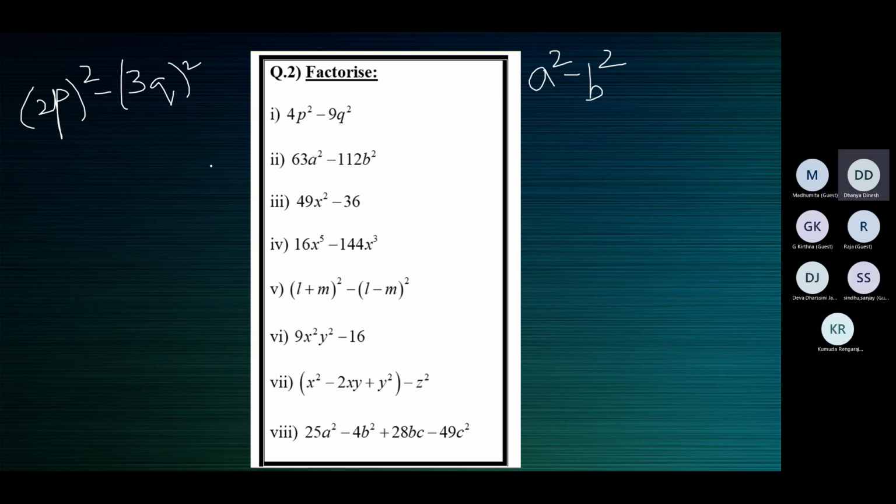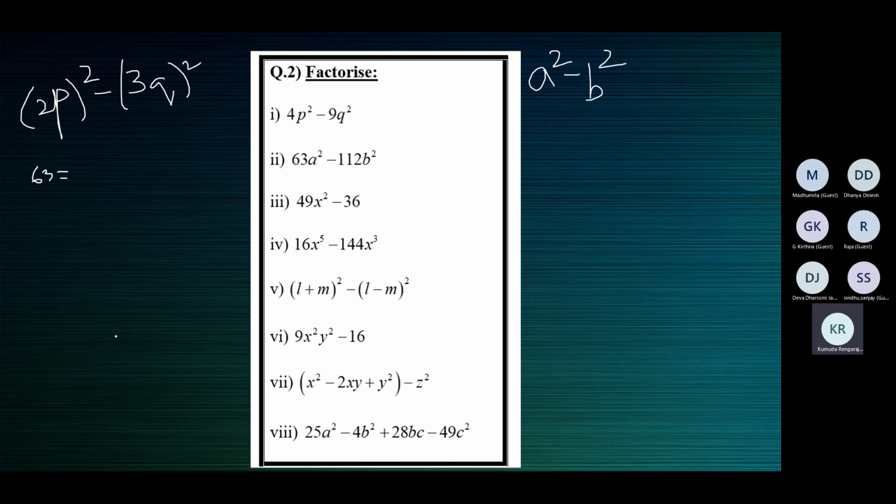The HCF of 4 and 9 is 1. But what about the HCF of 63 and 112? We'll find. Whenever we have numbers like this, we should first check their HCF. If their HCF is 1, you can ignore it. If it is something other than 1, we need to take that as the common factor.